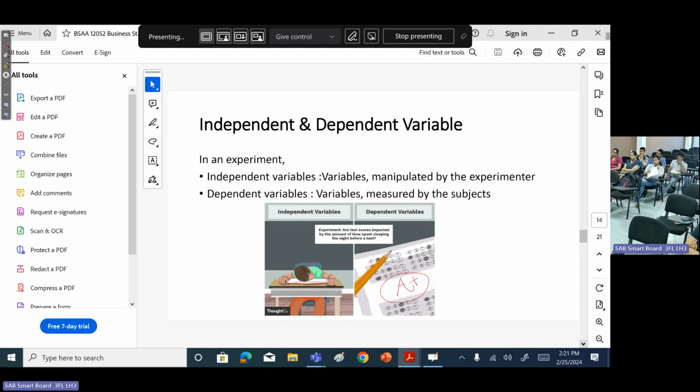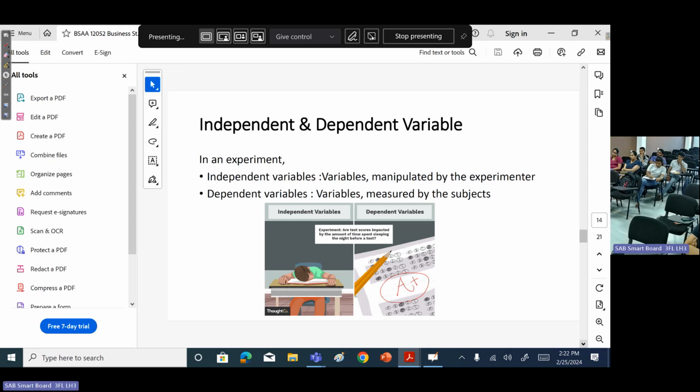Then the other types of variable are independent and dependent. Normally in final year research, we develop the conceptual framework. First, we identify what are the independent variable and the dependent variable. Independent variable is manipulated by the experiment.